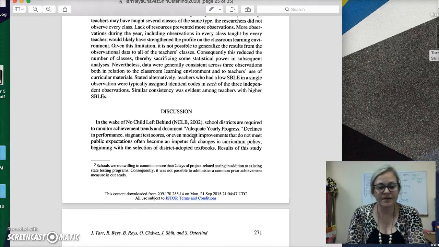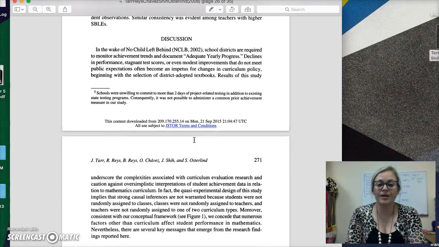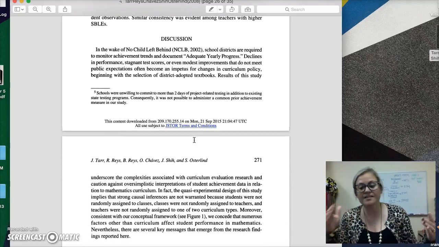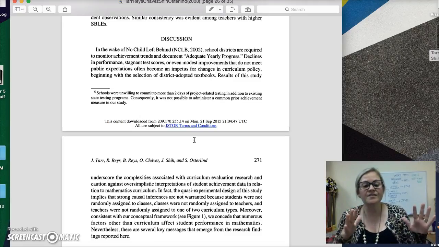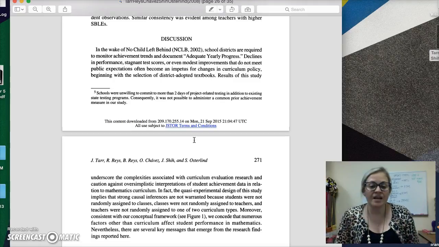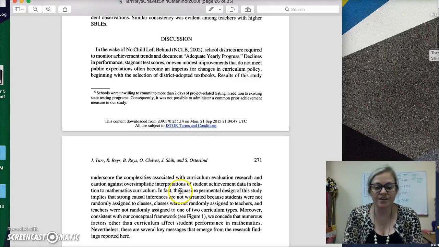And the discussion is another place. The discussion will extend the results. The discussion section will go through and take the results and unpack them more. It's interesting, you see here he talks about how he did a quasi-experimental design.